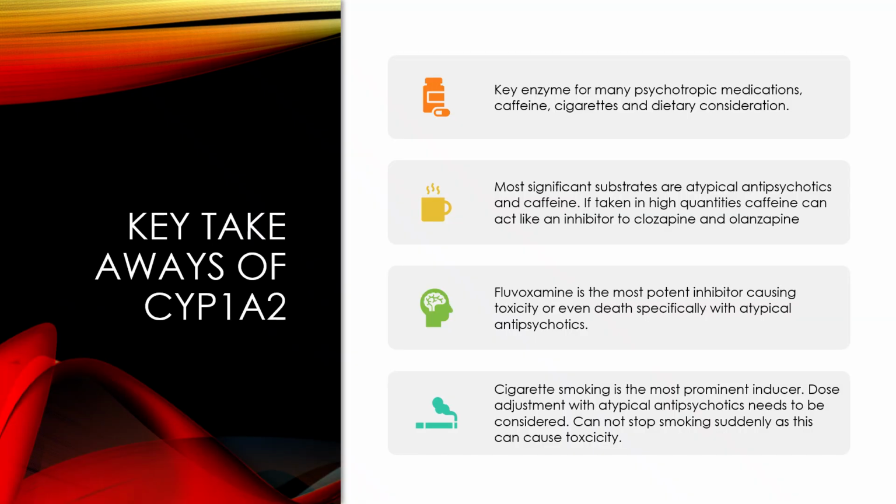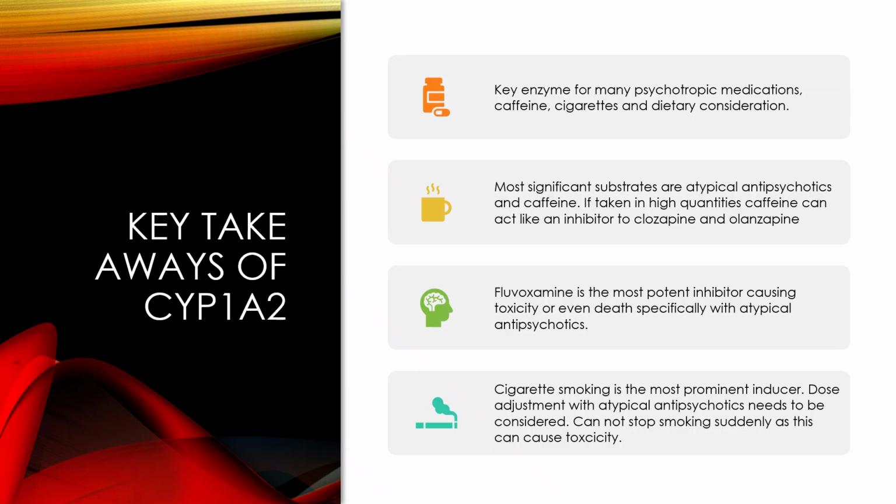Key takeaways of CYP1A2. It's a key enzyme for many psychotropic medications. Caffeine, cigarettes, and dietary considerations should always be made. Most significant substrates are atypical antipsychotics and caffeine, and if taken in high quantities, as mentioned before, caffeine can act like an inhibitor to clozapine and olanzapine.